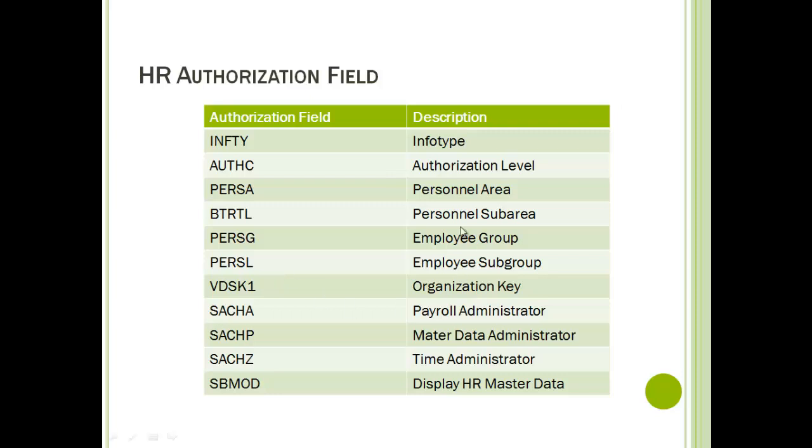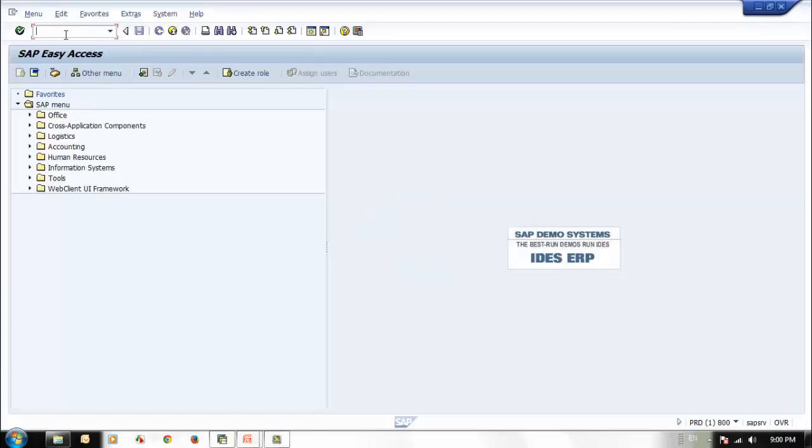Then again on top of it, this organization key has some kind of time dependency. You can define it for one specific time period. So this organization key, maybe we can see in the system, then it will be quite clear. Let's go to the transaction PA20.